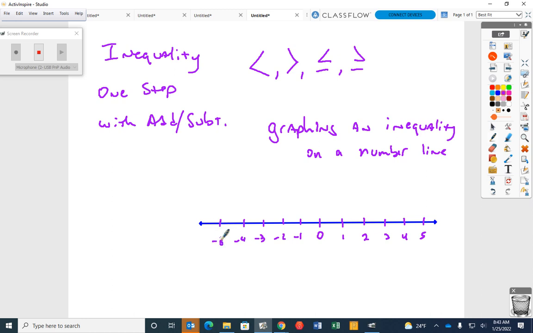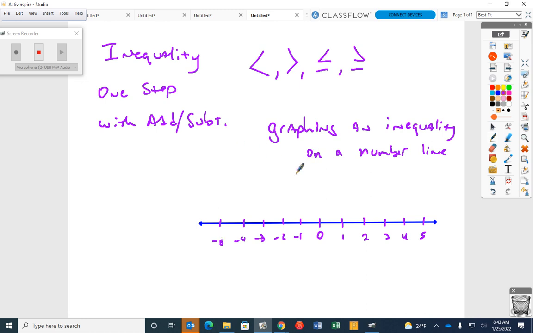Now, if you ever get into a problem where you have to draw your own number line, you only have to draw it big enough that it fits your largest number or your smallest number. Does that make sense? So I wouldn't have to draw this all the way out to 350. It wouldn't make sense for me to do that, right? A lot of wasted space.